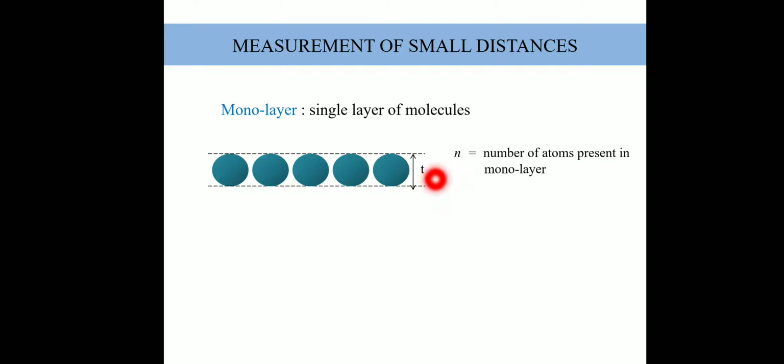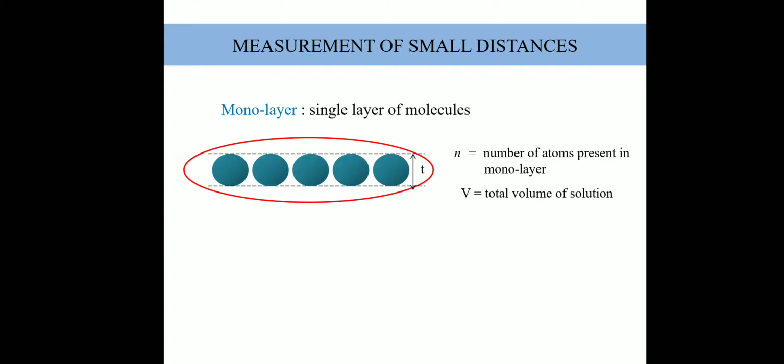This mono layer has a certain volume, because we are holding it on some plate or in some glass, and we know the volume of the glass. So with the help of the glass, we are able to measure the total volume, which has n number of molecules. And somehow we also calculate the surface area of the solution.